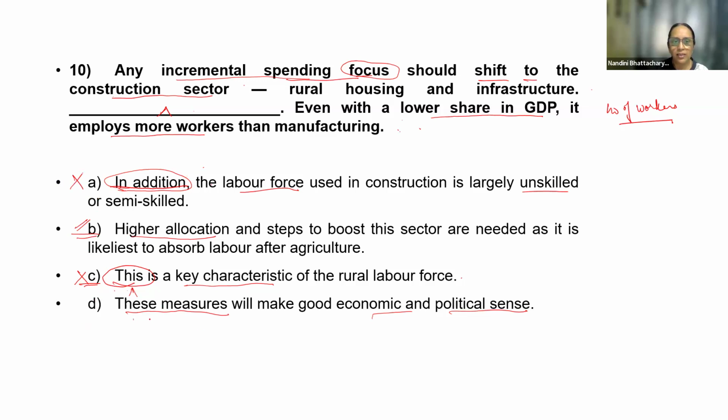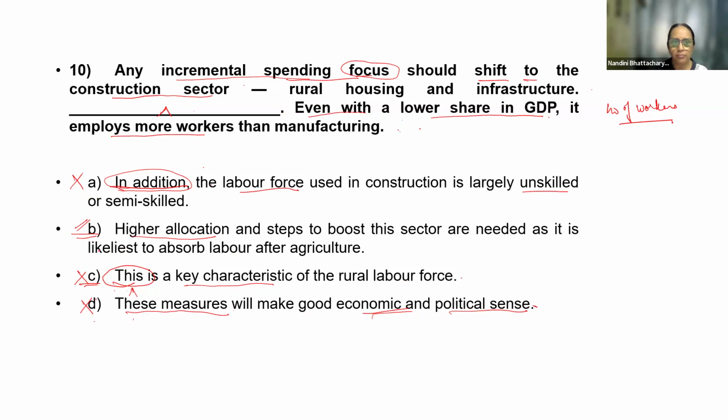D, these measures will make good economic and political sense. Is it logically followed by the next sentence, even a lower share in GDP? No. So D is eliminated. So logically A, C and D don't fit in.